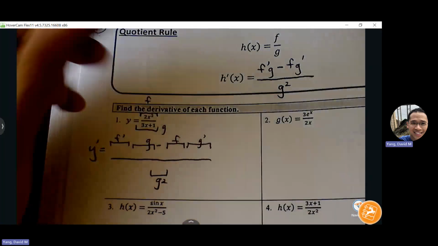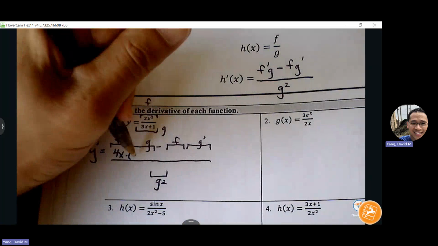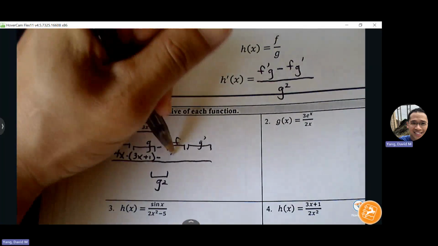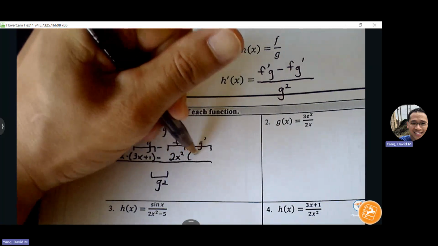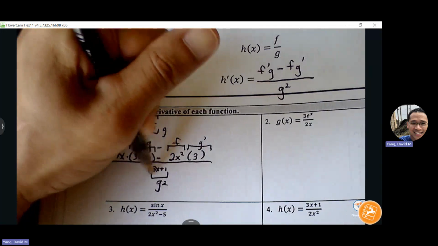Okay, so f prime times the original g function, minus f times g prime, all over my full denominator squared.